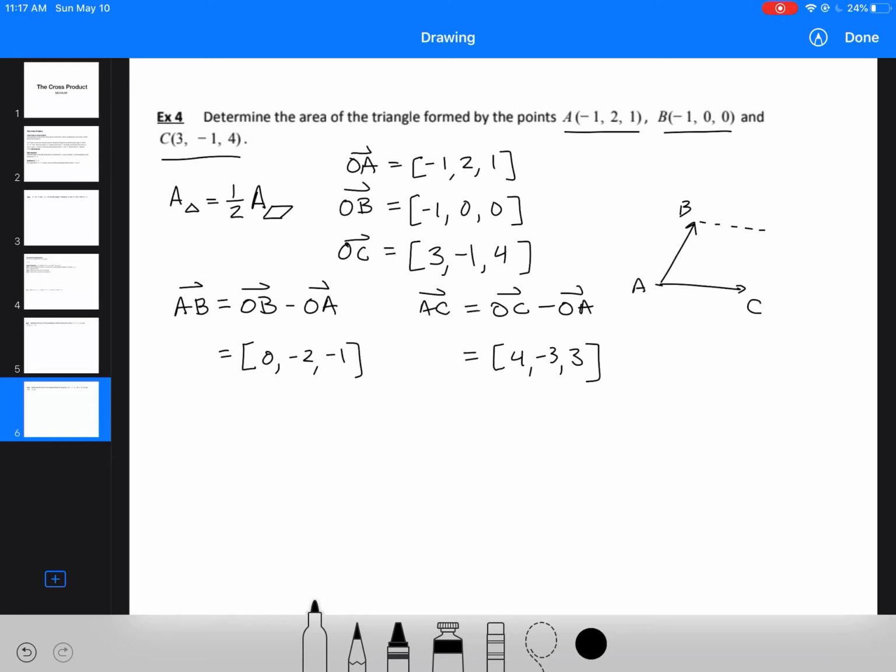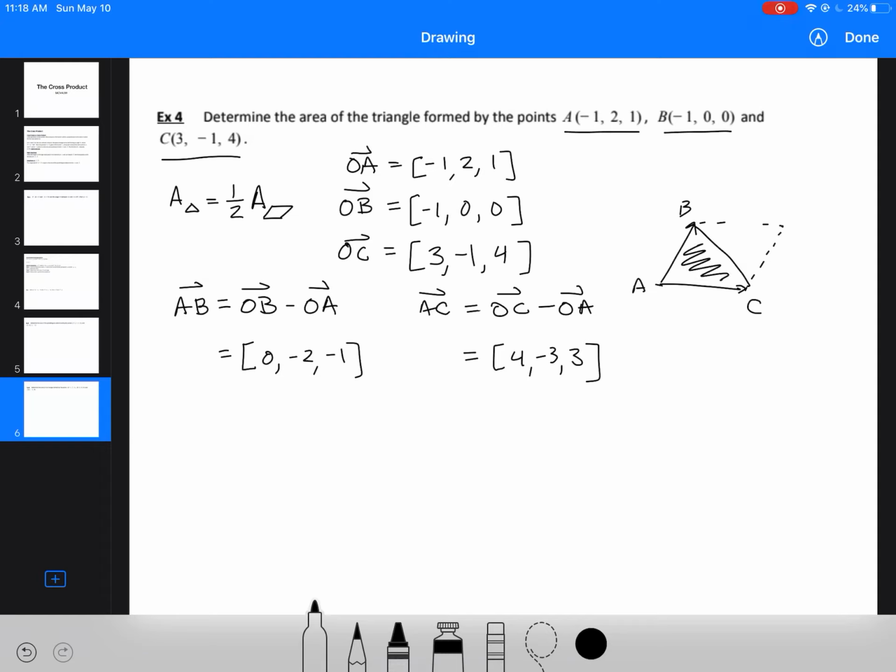As you can see, if I were to extend this, imagine that that is a parallelogram. Let's try that again. The area of my triangle would just be 1/2 of that parallelogram.